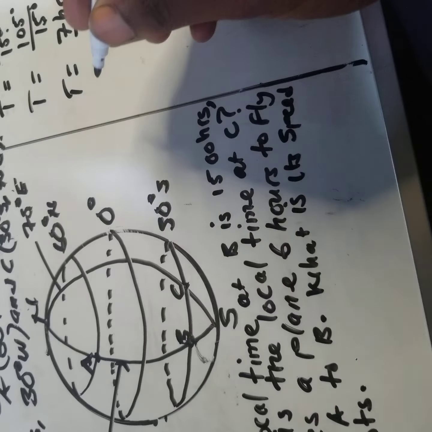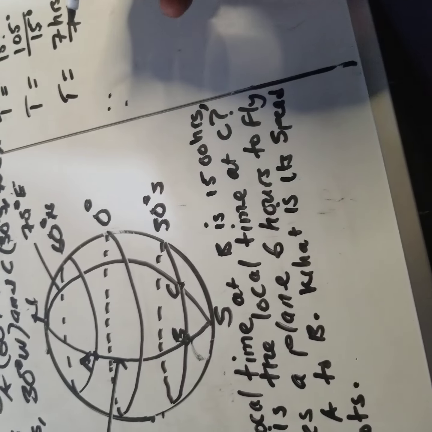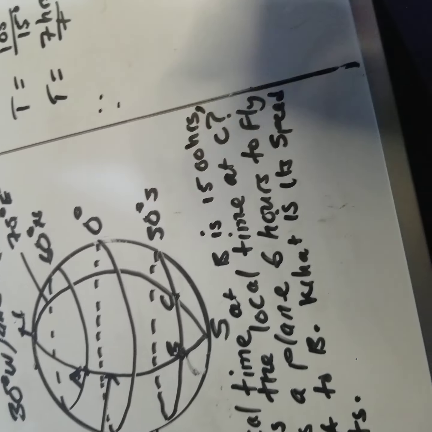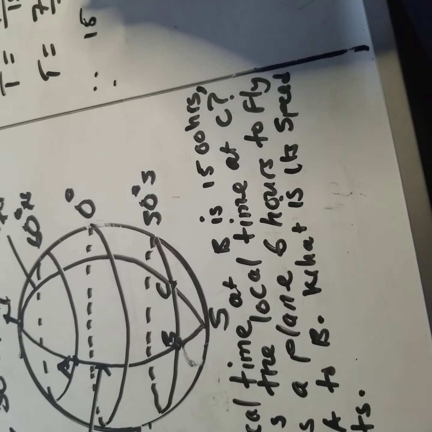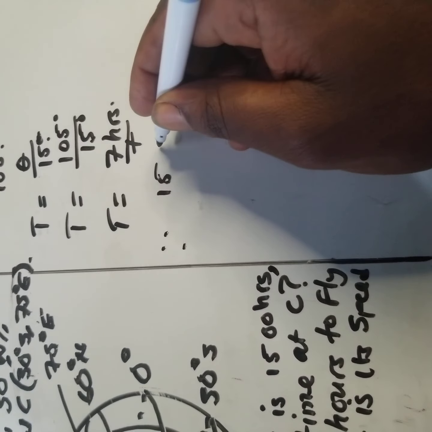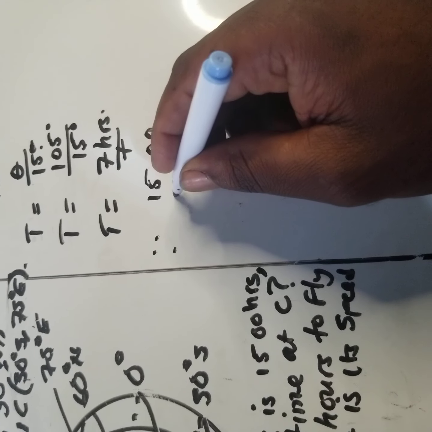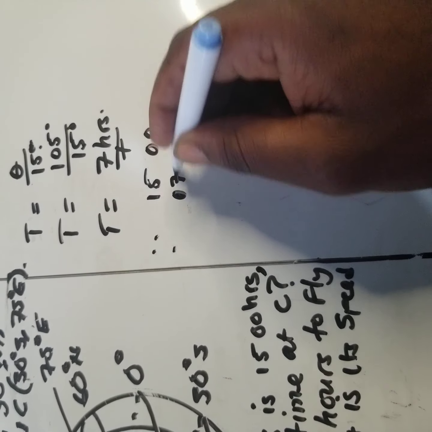You say therefore, remember, time at point B is 15 hours. You add 07 hours, the one we have obtained here.